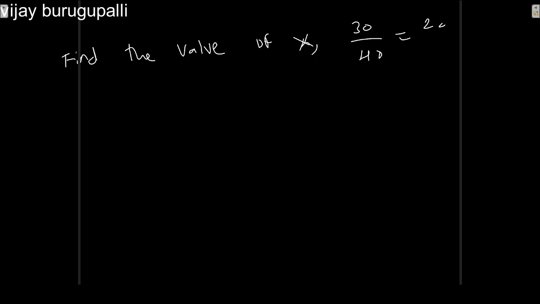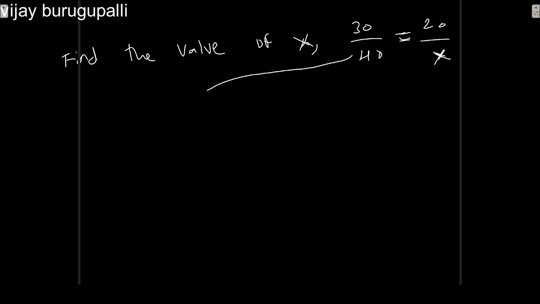Now let's see an example in order to understand proportion. Find the value of x for 30 by 40 is equal to 20 by x. For this condition, we have to find out the value of x.